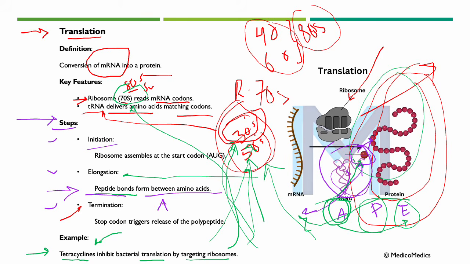And now, just to make it complete, we also said we had 50S subunit. So an antibiotic targeting the 50S ribosomal subunit is, for example, macrolides. These antibiotics generally inhibit peptide bond formation, also preventing protein synthesis.